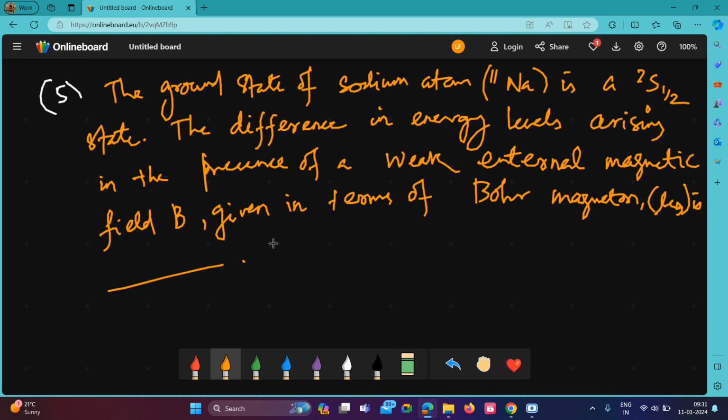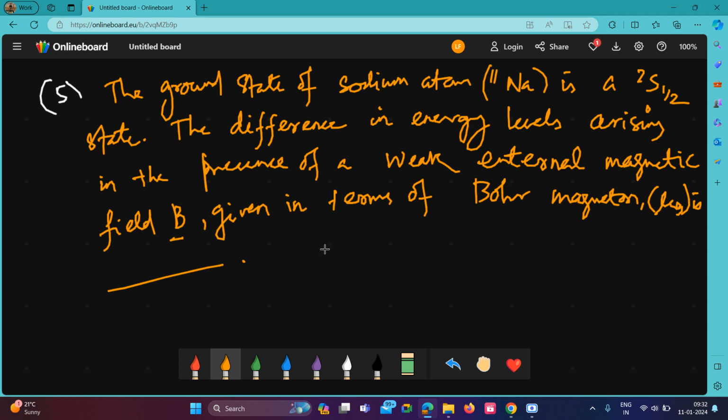So the ground state of sodium atom Na 11 is a 2S half state. The difference in energy levels arising in the presence of a weak external magnetic field B, given in terms of Bohr magneton mu B, is?